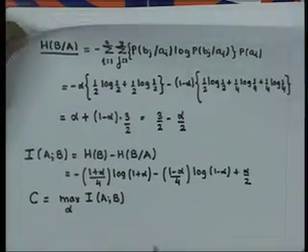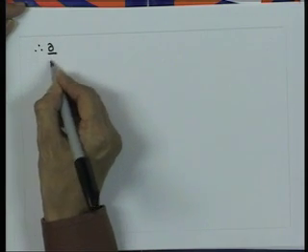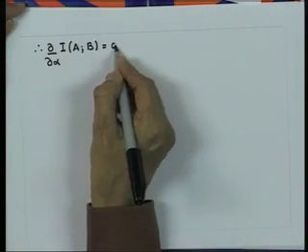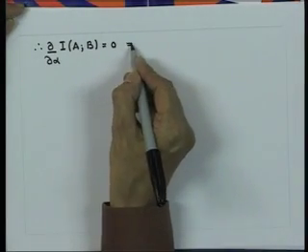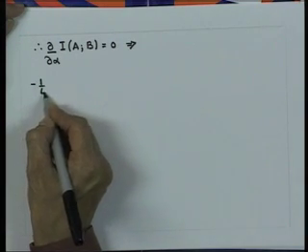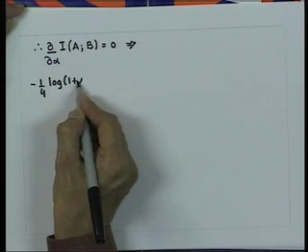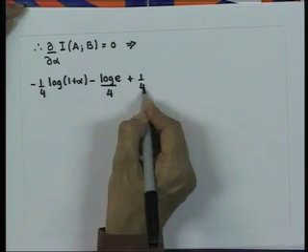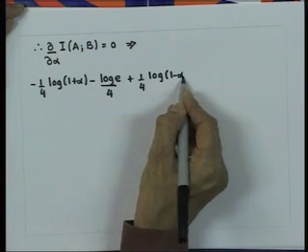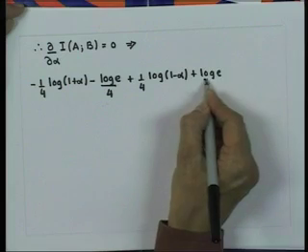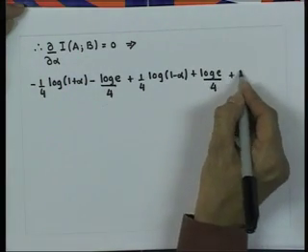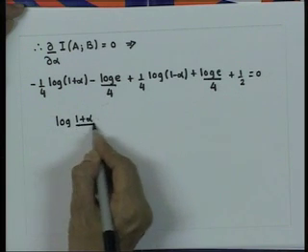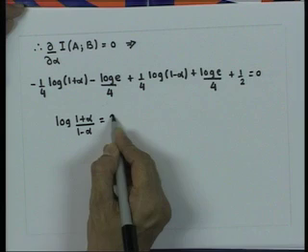Therefore, this implies the derivative of I(A;B) is equal to 0, which implies that minus 1/4 log of (1 plus alpha) minus log e by 4 plus 1 by 4 log (1 minus alpha) plus log e by 4 plus half is equal to 0, which implies log of (1 plus alpha) upon (1 minus alpha) is equal to 2.